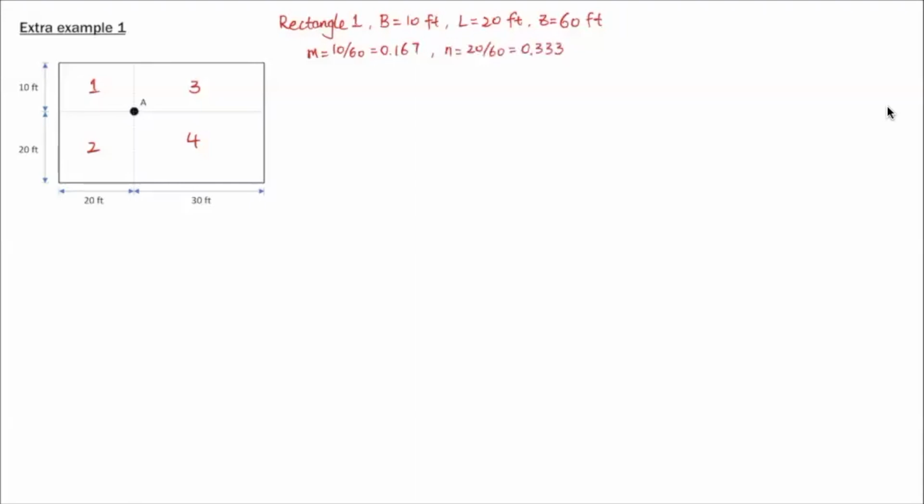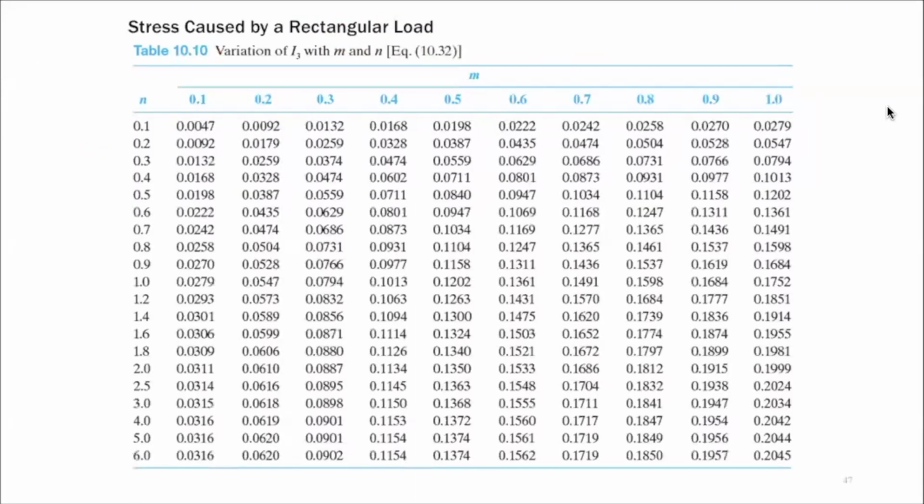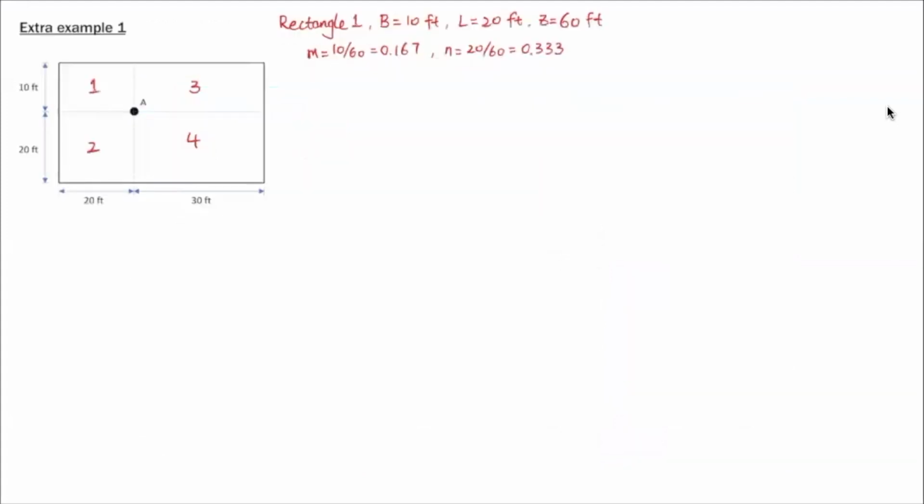Notice that 0.333 and 0.167 are not on this table. The way to get the I3 value is through linear interpolation. Because both M and N are in between values on this table, we have to do linear interpolation multiple times. I'm going to linear interpolate in the N direction first.